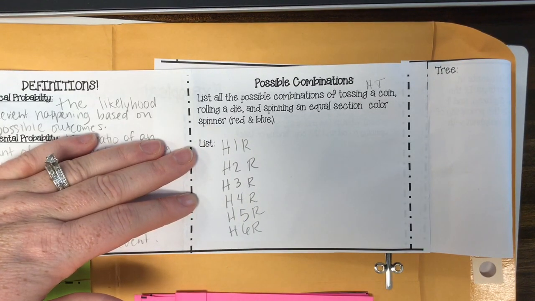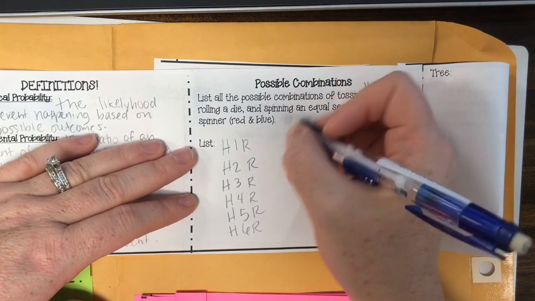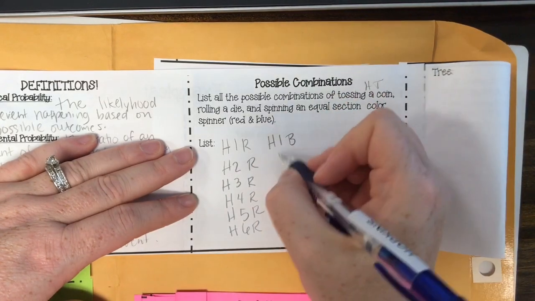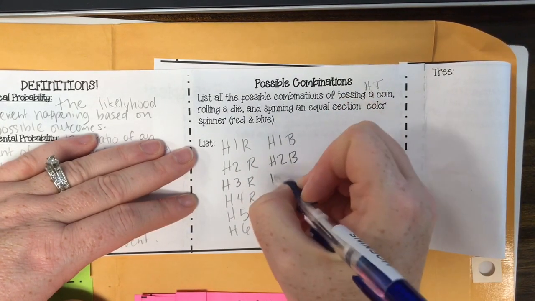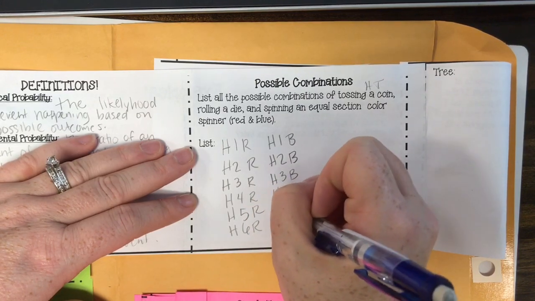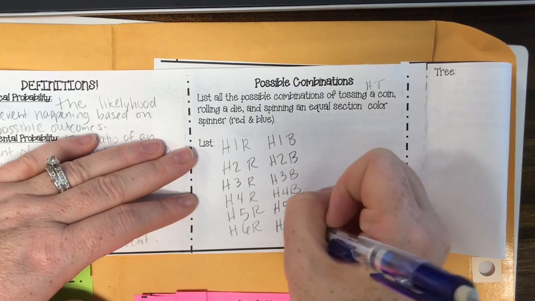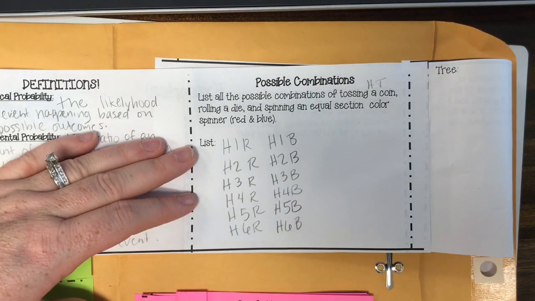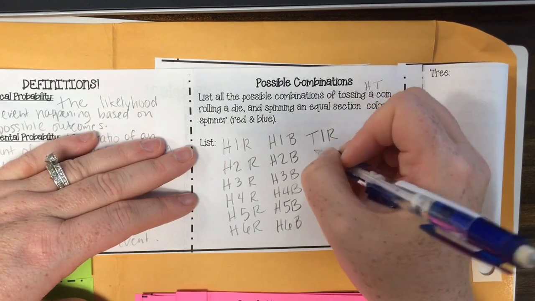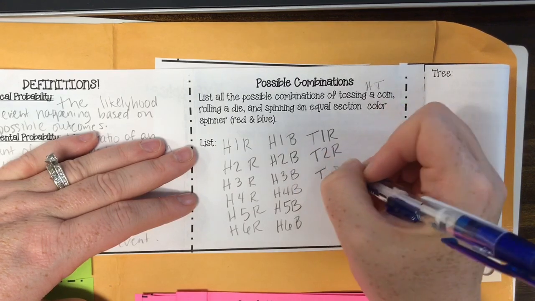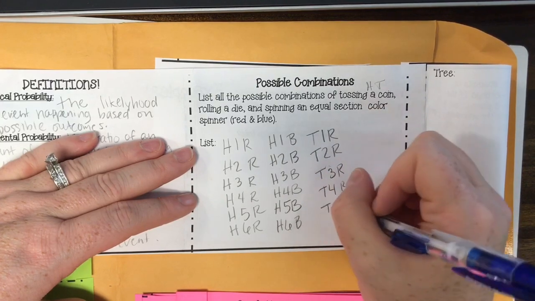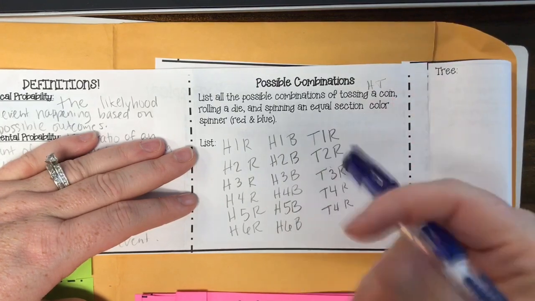Okay. Are y'all good with that? Now, what would be the next one? I would say heads, 1, blue. Does that make sense? All the way to heads 6 blue. And you can do tails 1 red. Oh man, I wrote 4 twice.